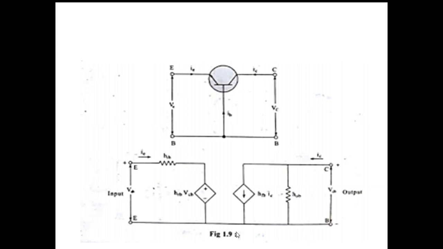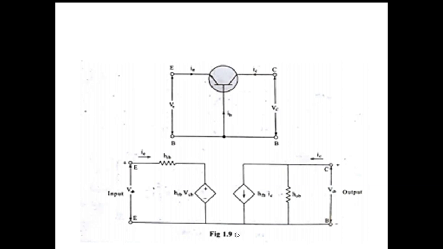These were defined and developed from two equations: input voltage and output current. Input voltage and output current are the dependent variables, and the remaining two, input current and output voltage, are the independent variables. These four variables are obtained from a two-port network.